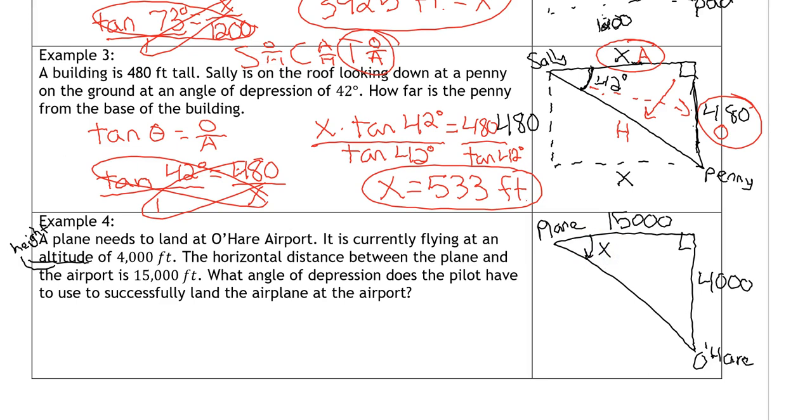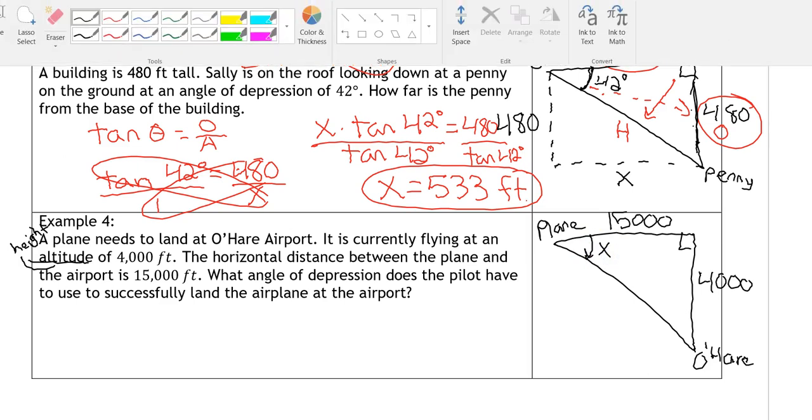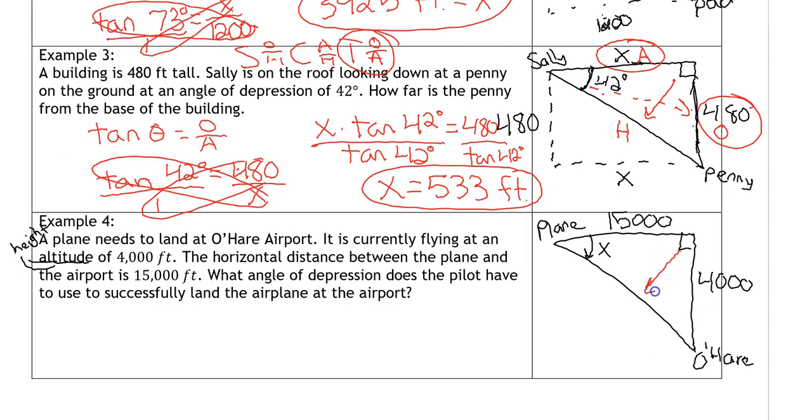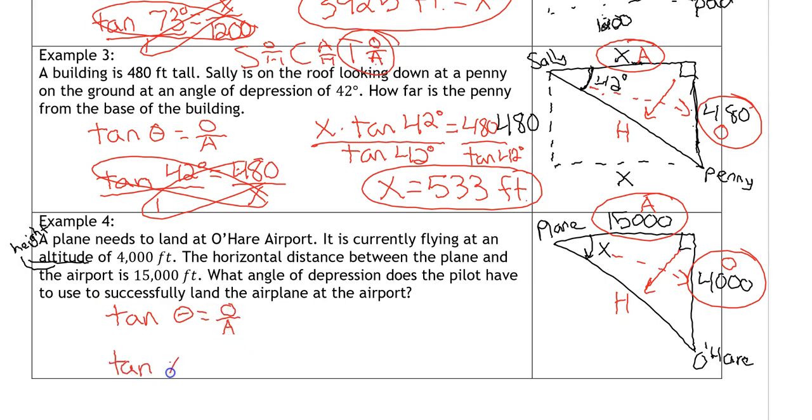Okay. So again, I just need to start by labeling my hypotenuse, my opposite, my adjacent. So I have something on my O, something on the A, so again we're going to be using tangent. Lots of tangents. Tangent of theta equals O over A. Now here my angle is my variable, so tangent of x equals 4,000 over 15,000. Remember, I need to get rid of that tangent now.